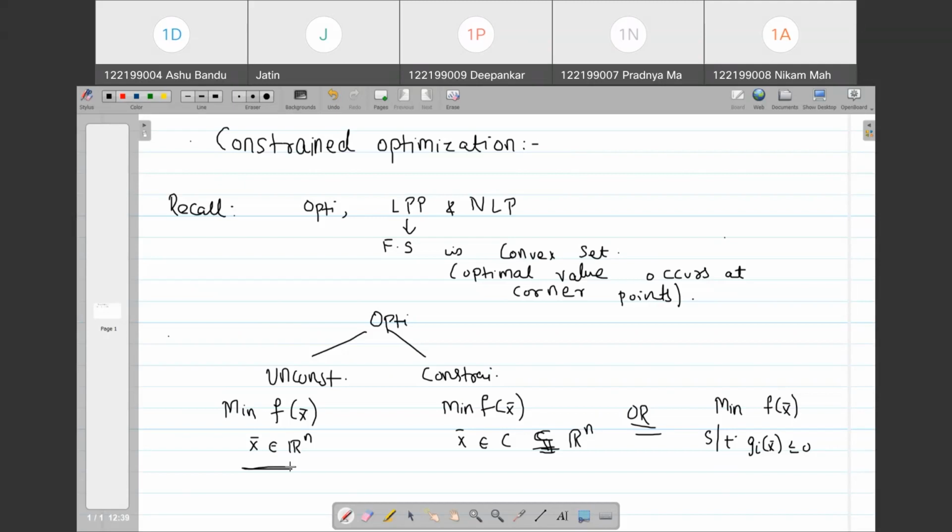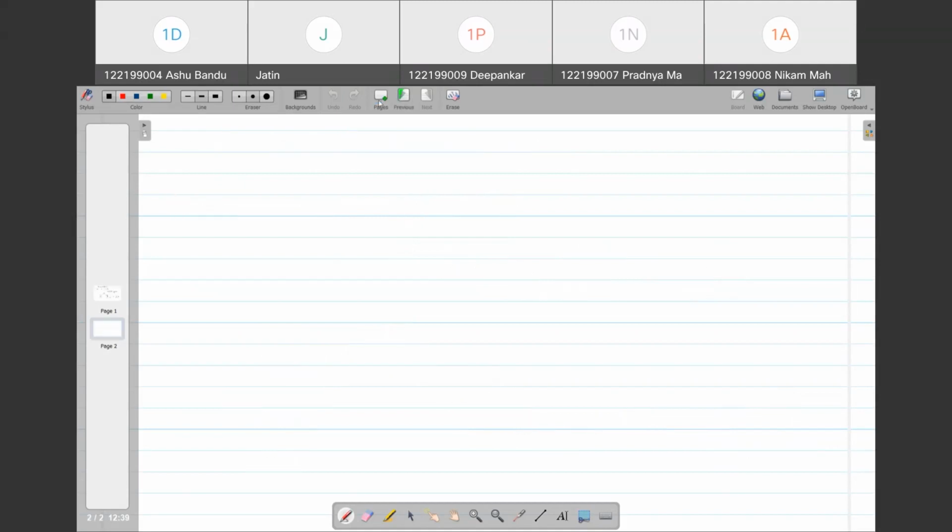Now the question is how to take care of the constrained optimization problem. When you have some constraints, how do you handle them? Have you seen in your engineering the Lagrange multiplier method, or Lagrange optimization method, where if f is a function and g is a constraint, you write grad f equals some lambda times grad g?